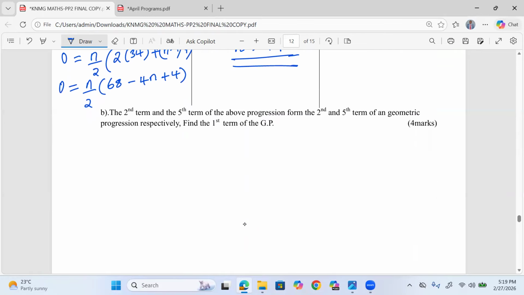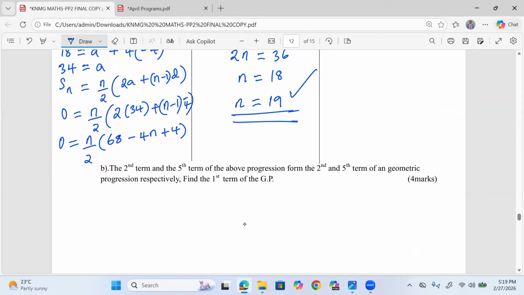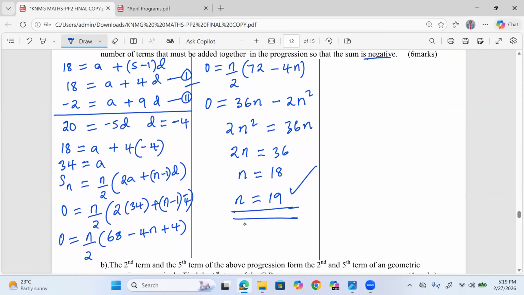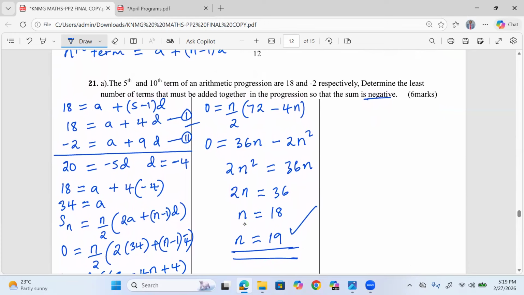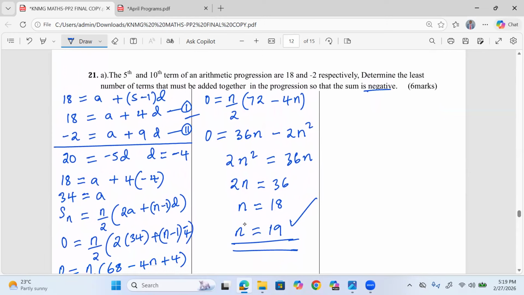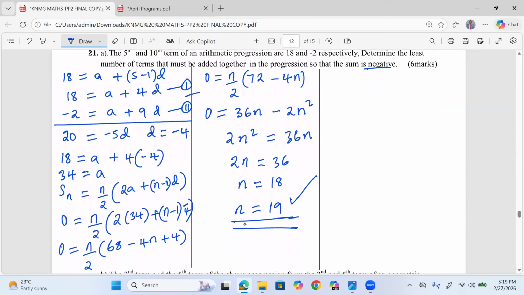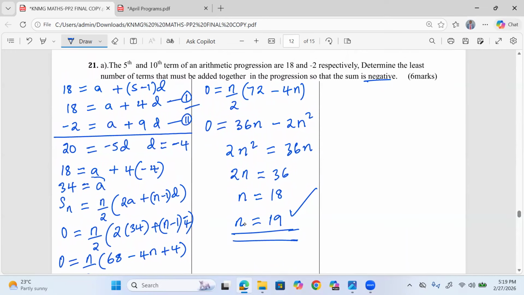Part B of this, let's check part B. The second term and the fifth term of the above progression, the one we've discussed, with a first term of 34 and a common difference of negative 4, are arithmetic.